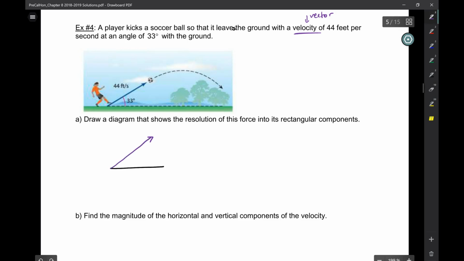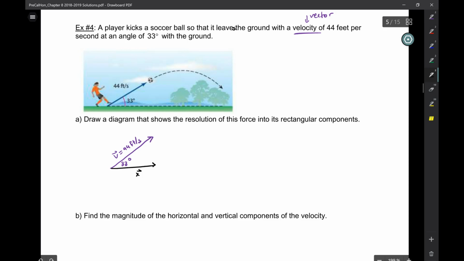So that's V, and that's 44 feet per second, and it's got an angle of 33 degrees with the ground. So that's my vector. And then if I want to show the resolution of the force into the rectangular components, here I've got the X component, and here I've got the Y component.